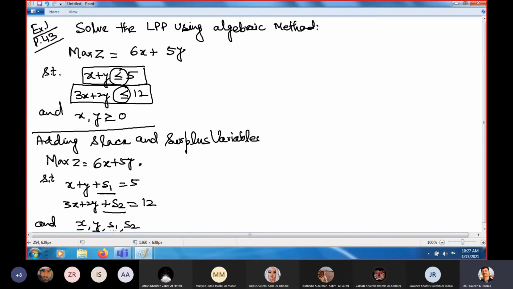I will tell you later. And s1 and s2, the other 2 variables we include, are slack variables, and they will be greater than or equal to 0. Every variable will remain non-negative. These are the non-negative restrictions. Now I want to ask you, do you understand how to change it?